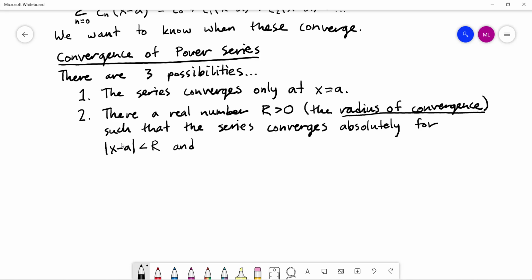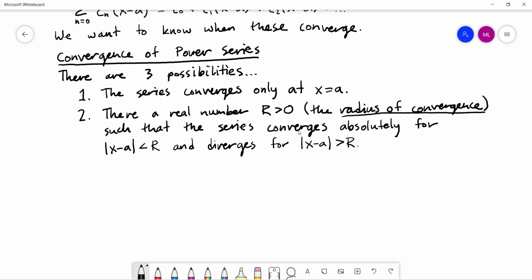And it diverges for the absolute value of x minus a greater than r. So this is a complicated way of saying that r is going to be the radius, a distance out in either direction from the point that it's centered at, that this thing converges on.